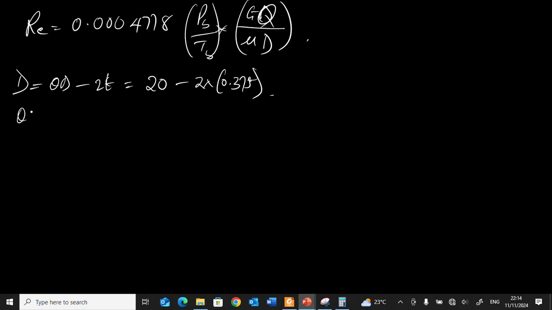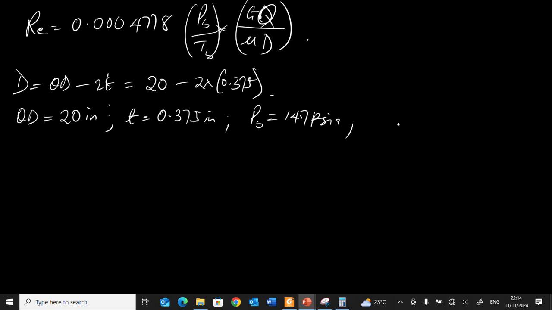The outer diameter of the pipeline is 20 inches. The wall thickness is 0.375 inches. The base pressure is 14.7 psi.